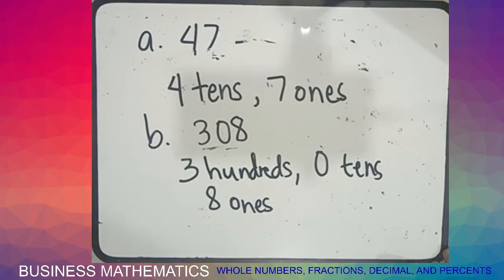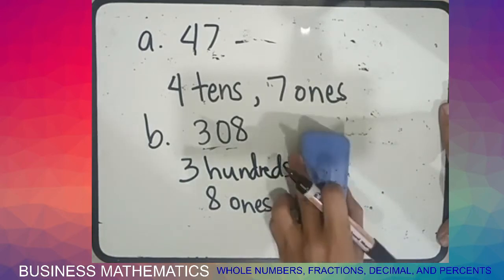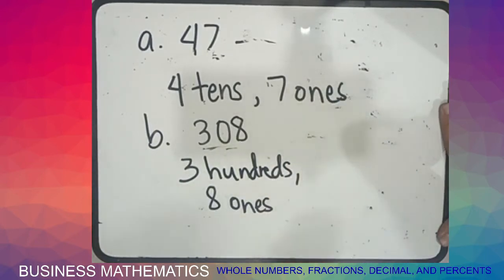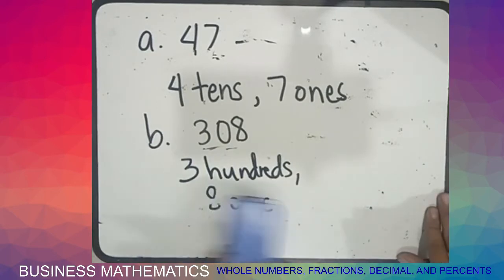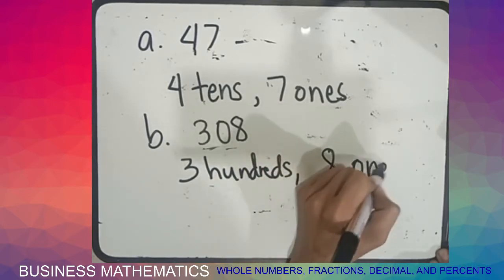Tatandaan nyo, kapag may given tayong 0, tatanggalin na natin siya, kahit hindi na natin isulat. Meron na lang tayong 3 hundreds at 8 ones.